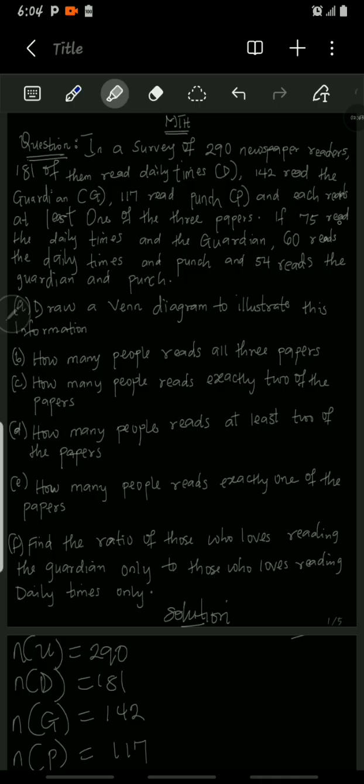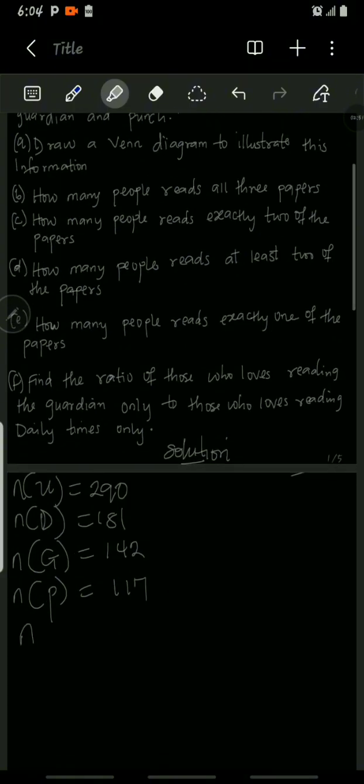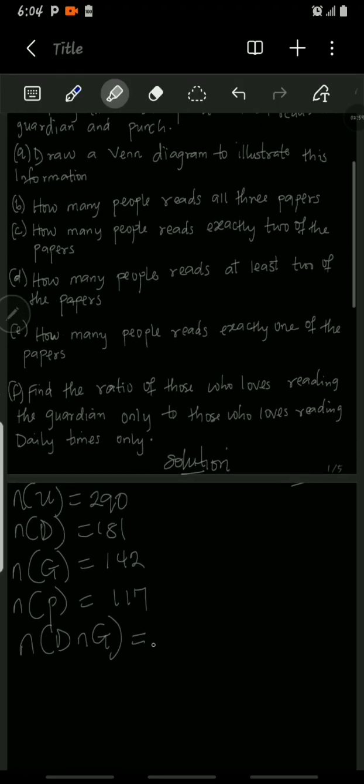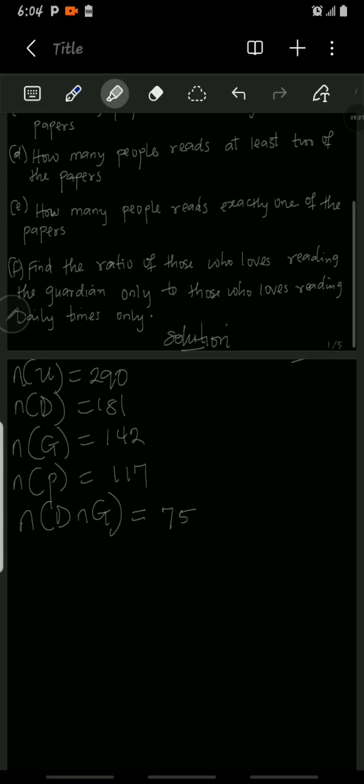Okay, and if 75 read Daily Times and Guardian, that is the number of people that read the Daily Times and the Guardian, this is called intersection, that is 75. Okay, 60 read the Daily Times and Punch.